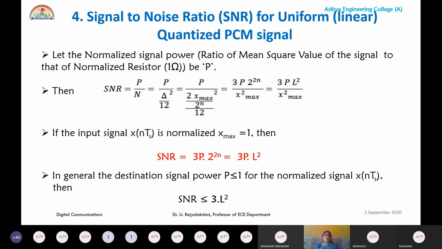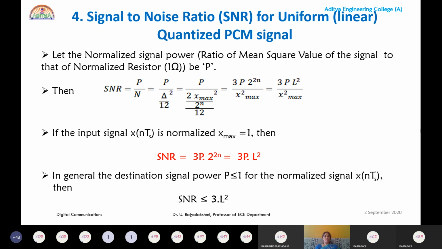Now finally, up to this point, what did we conclude? We obtained the quantization noise power as delta square by 12, where delta is 2x max by L, where L is 2 power n, the number of representation levels.